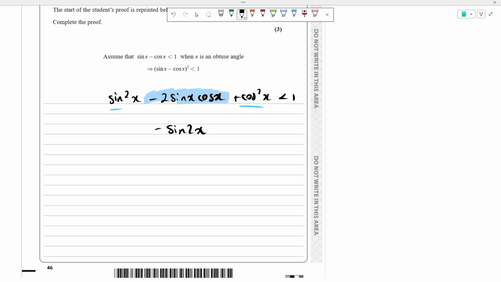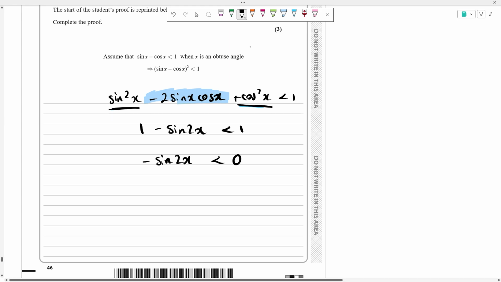This is your double angle formula identity. And you have sine squared x and cos squared x; when we add them together, that's the same thing as 1, and it's less than 1. So if I subtract 1 from both sides, we're saying that minus sine 2x is less than 0. And if I divide through by minus 1, therefore sine 2x must be bigger than 0.